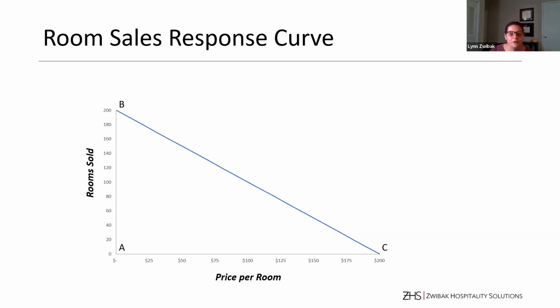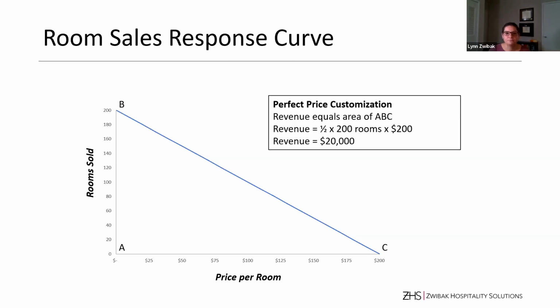So if we had perfect price customization where we could offer the exact price to match the value of every single customer, then this would be our sales curve, the blue line, and revenue would be the area under the curve, or the area of this triangle. So it'd be 1/2 times 200 rooms times $200.